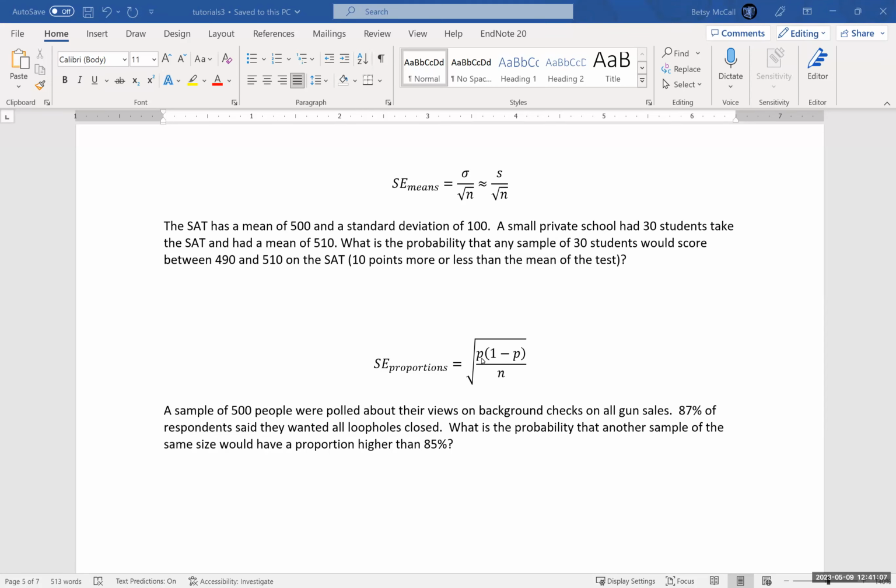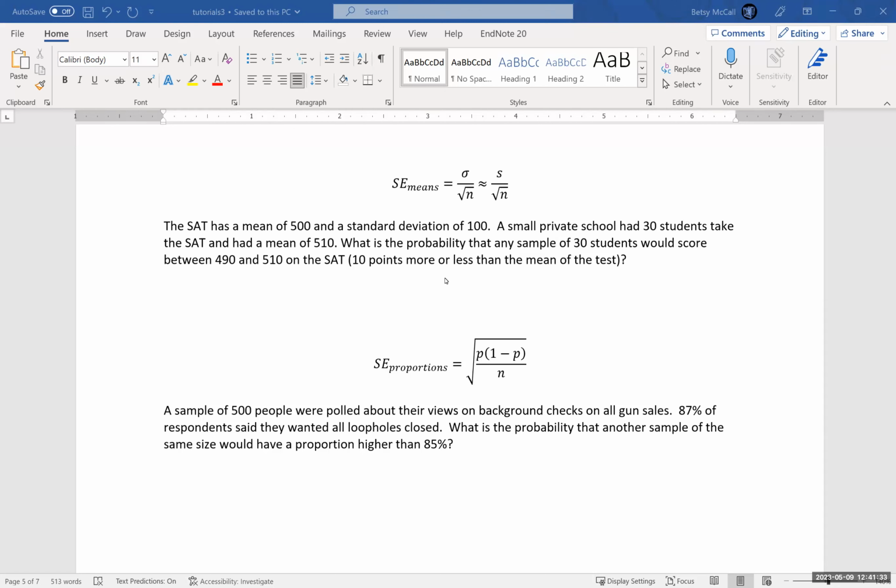It involves the proportion, and typically we use the proportion from the sample since we don't have a better estimate. Although if you're calculating a probability for a hypothesis test, then you would have a proposed proportion value that you're comparing it to, and you would use that proportion in your formula.